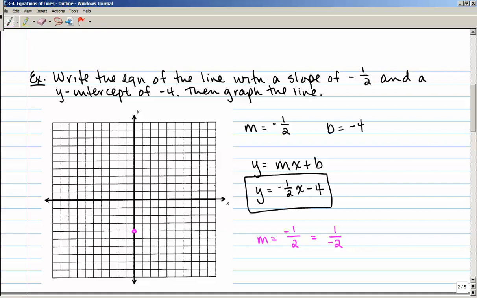So from my y-intercept I can go down 1 and right 2, and I can keep doing that as long as I want. Or to go in the other direction, a +1 over a -2 means I go up 1 and left 2. And that is the graph of that line.